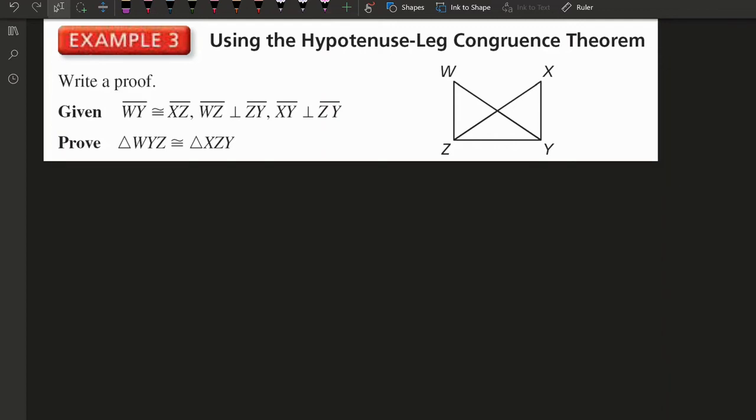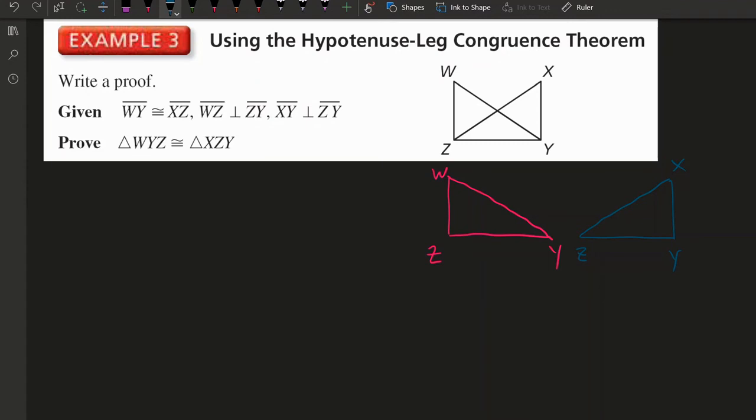Now in cases like this, I really like to draw the triangles separately because right now they're overlapping, and I would like it better if I could see them. So right here I have WZY, and right here XZY.